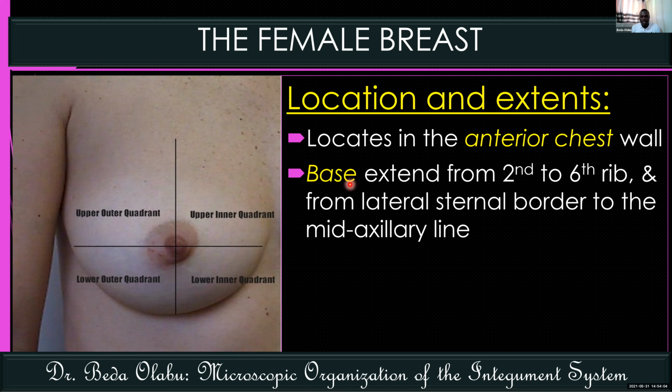The base of the breast is broader than the apex of the breast. So what are the extents of the breast? Based on shape, we can talk about where the apex is found. But the base of the breast extends from above, the 2nd rib, to the 6th rib below, and from medially the lateral border of the sternum to laterally the mid-axillary line.